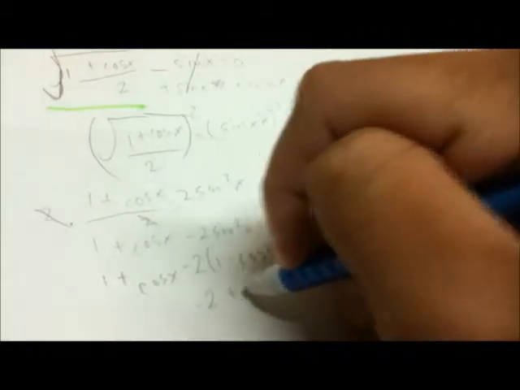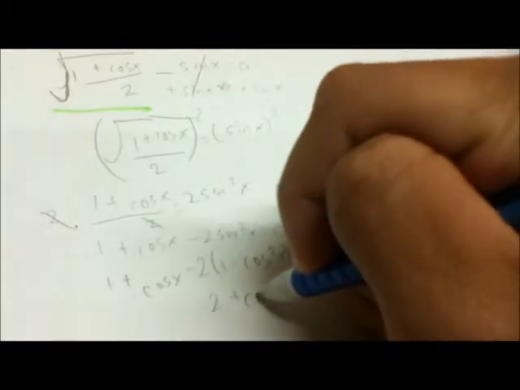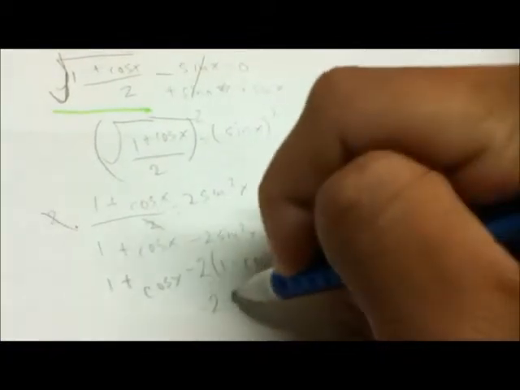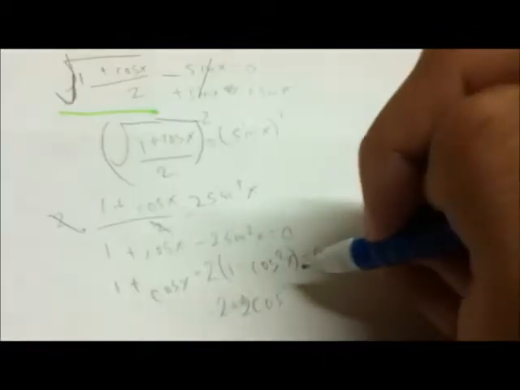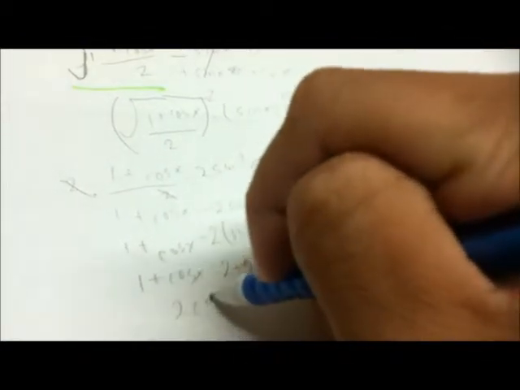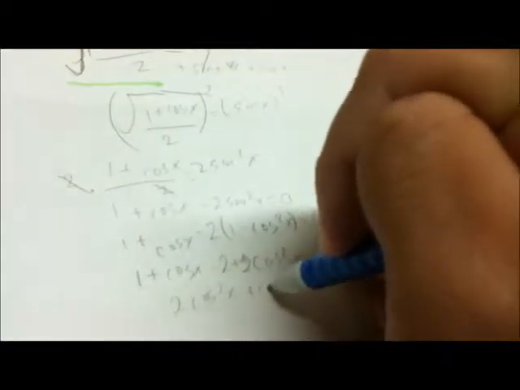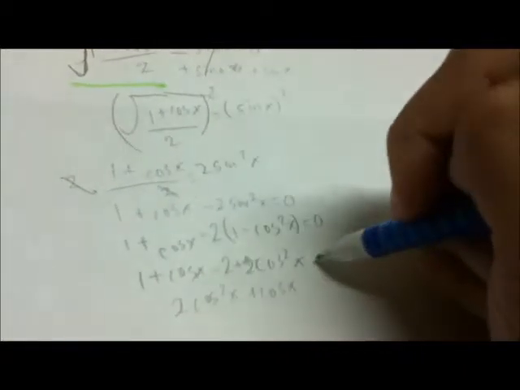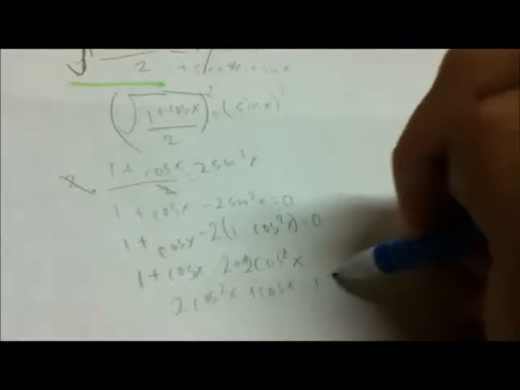I'm going to distribute that, and then negative times a negative is positive. And bring everything down. Simplify or combine like terms. Minus 1 equals 0. My bad.